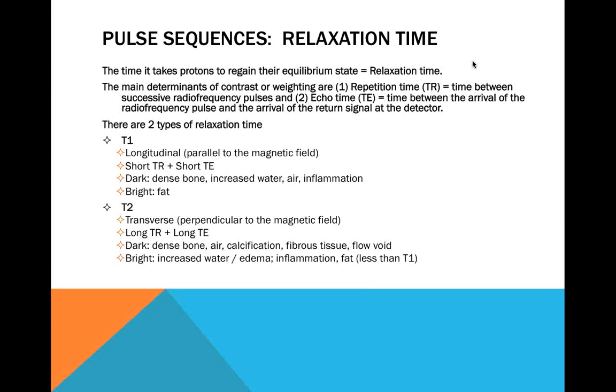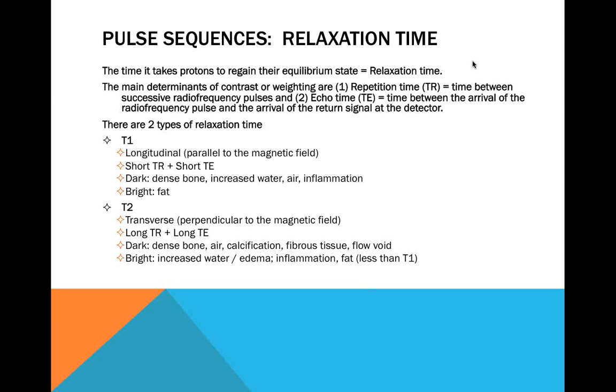If you were to get an MRI, for example, and look at it, you can see that they're labeled as such. So T1 is basically longitudinal or parallel to the magnetic field, and it means a short repetition time and a short echo time. And the thing to remember is that on T1, what shows up as dark is dense bone, air, increased water, and inflammation.